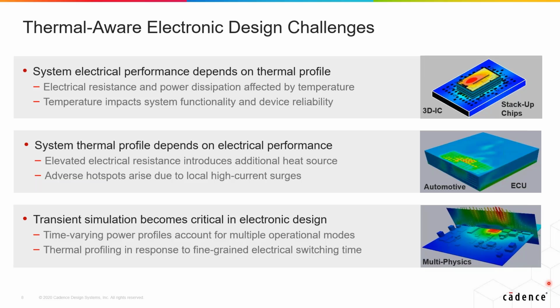On the other hand, Joule heating is current squared times electrical resistance. Joule heating introduces additional heat sources into the system. So you can see the first two factors could go into a worsening spiral, which is what we call thermal runaway.